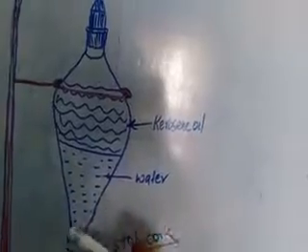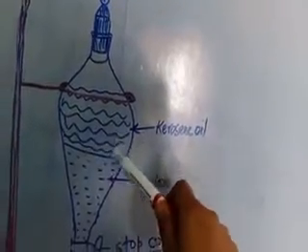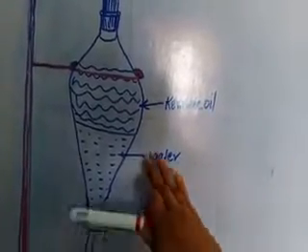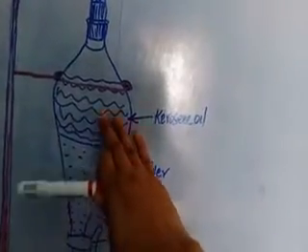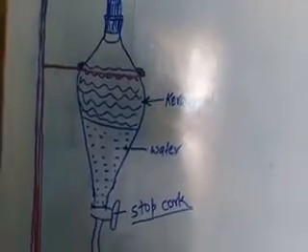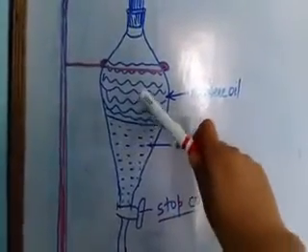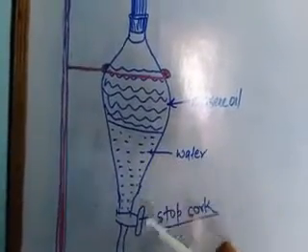We will see that water takes the lower layer while the kerosene oil floats on the water. We will allow it to settle for some time so that all the water takes the lower level and all the kerosene oil takes the upper layer of the mixture. Now we can see the two layers of oil and water clearly.